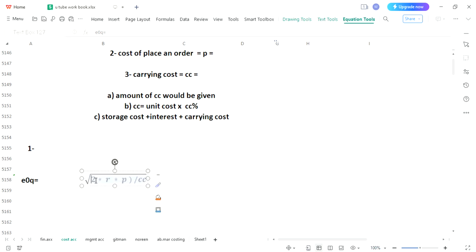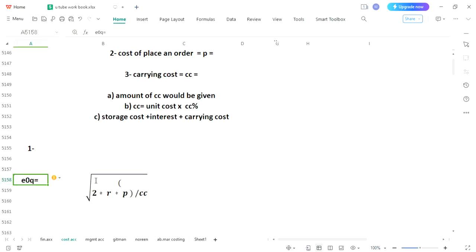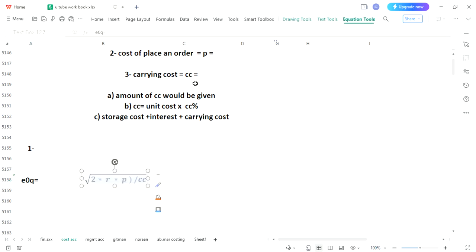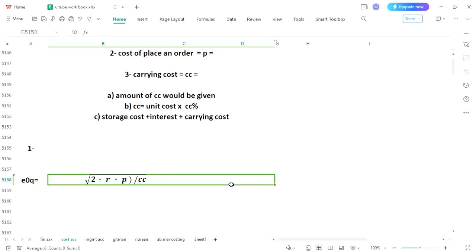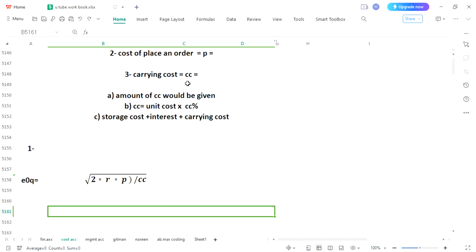So in this way your formula would be completed. Now we will get back to our question, and we will see cost of placing an order, carrying cost, and CC.